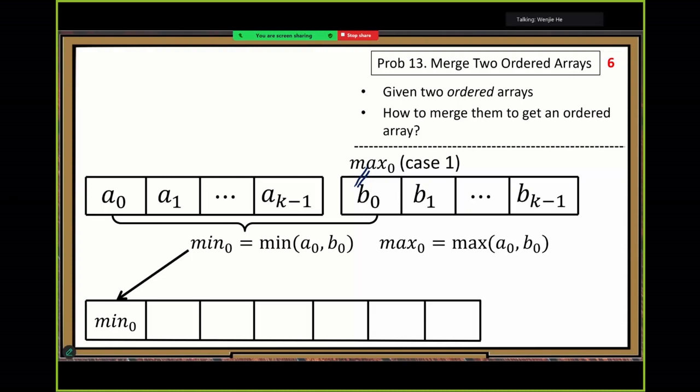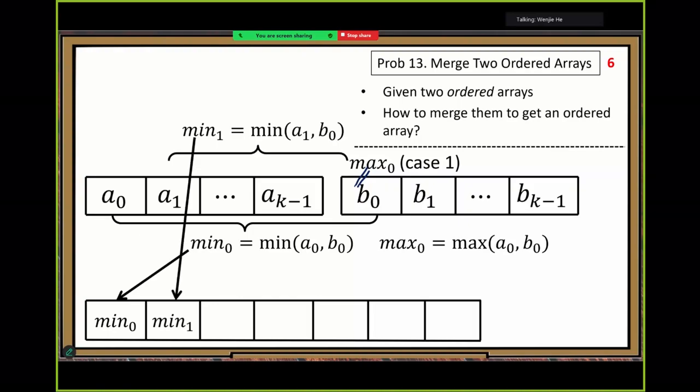B0 and A1 are the two candidates for the next element in place. So our second comparison is between A1 and B0. Let me use min 1 as the minimum of A1 and B0. After our second comparison, with min 1, another element is in place.